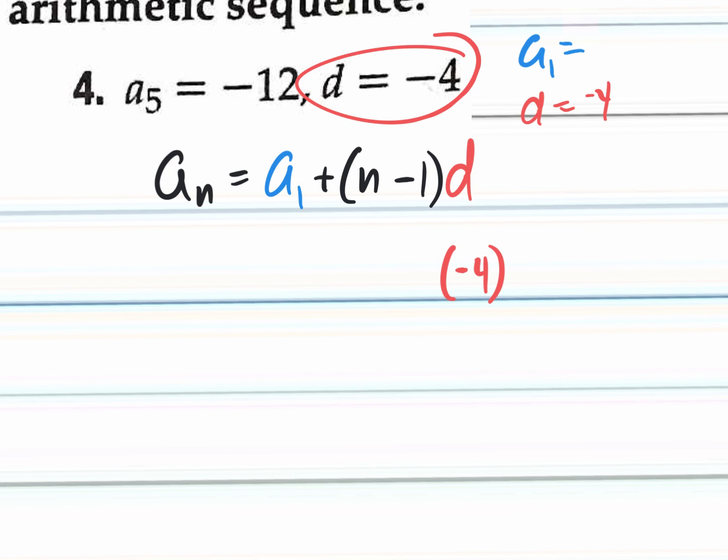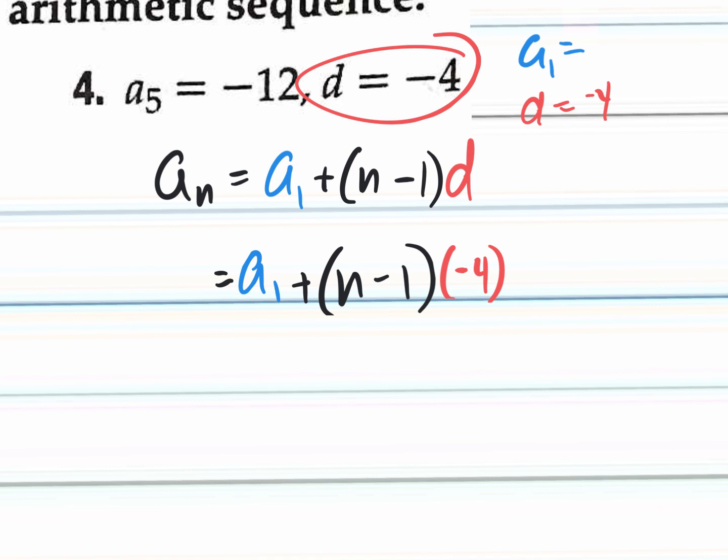Put that negative 4 right there. We still have the parentheses n minus 1. And we don't know a sub 1, so we're going to keep it a sub 1. Now, what else do they give us? They give us a sub 5, which is technically the fifth number on your list. So you could think about it logically, but I want you to solve it with algebra.